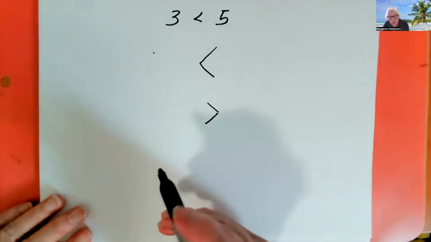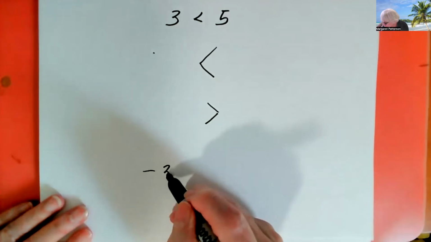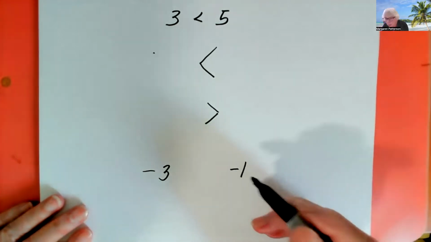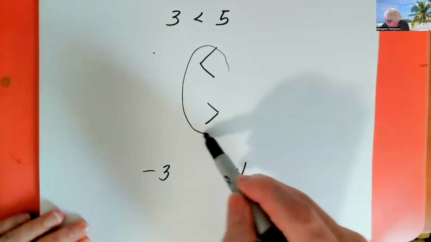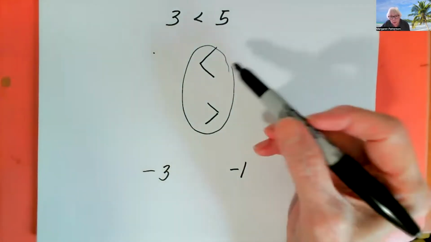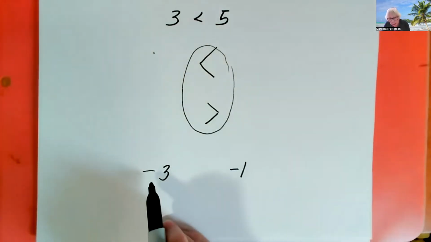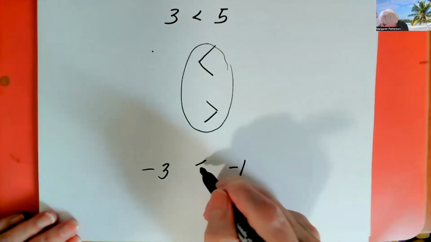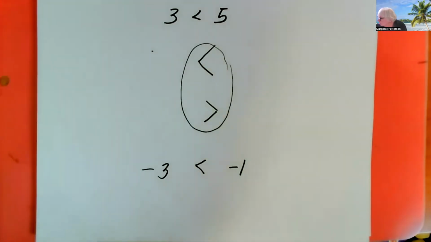One of the exercises they have you do in this very first section is, if you had two numbers, a -3 and a -1, could you decide the correct inequality symbol? Remember, this one was less than. So -3 is less than -1 because it's further down the number line.